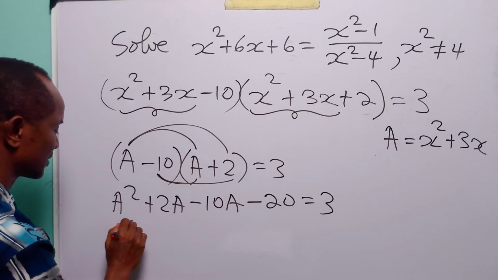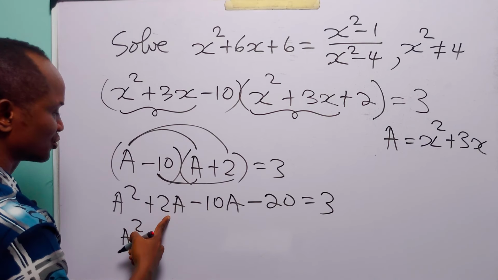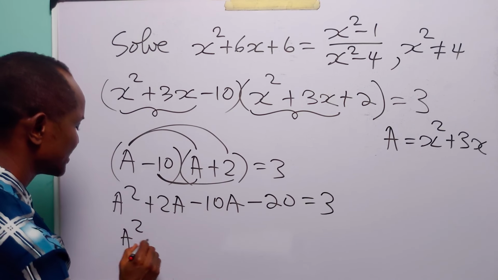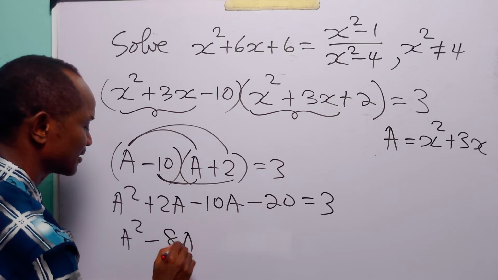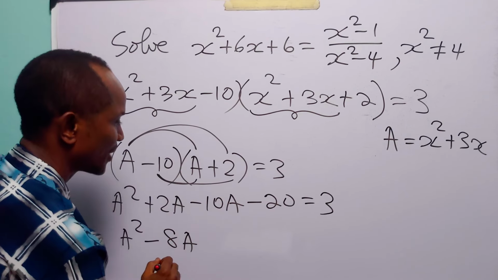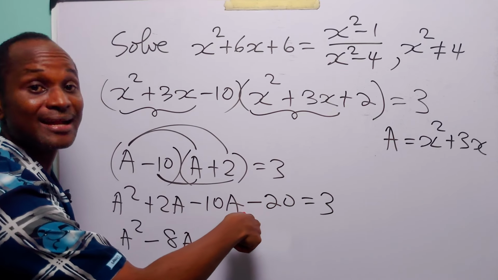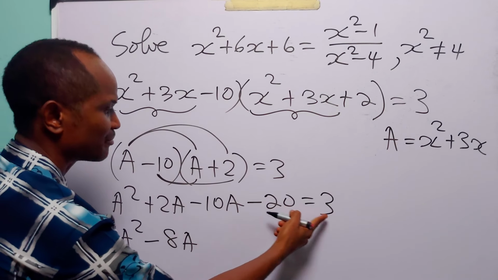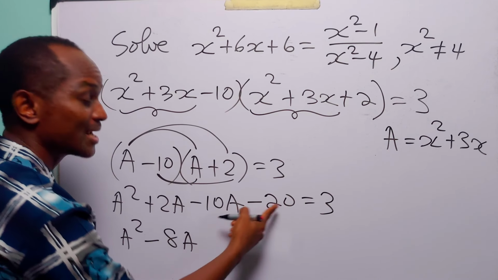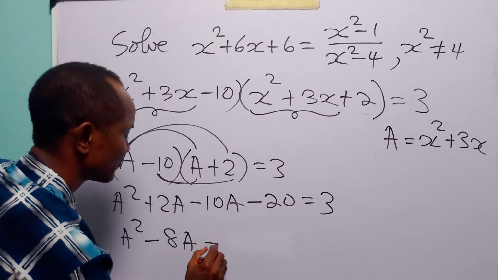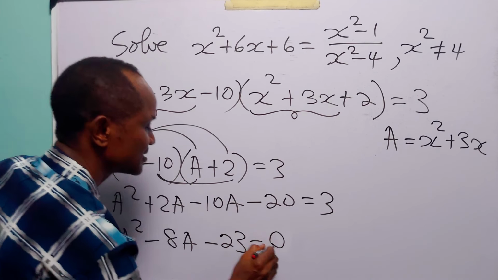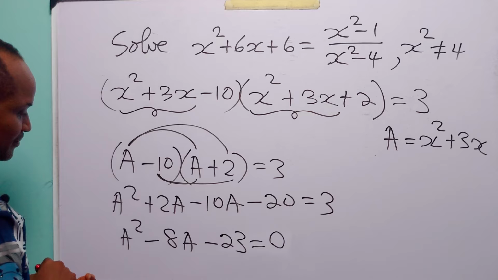From here we have a squared. 2a minus 10a is minus 8a. Now we have minus 20. If we bring 3 over to the left-hand side, then that becomes minus 3. Minus 20 minus 3 is going to give us minus 23, and this is equal to 0.